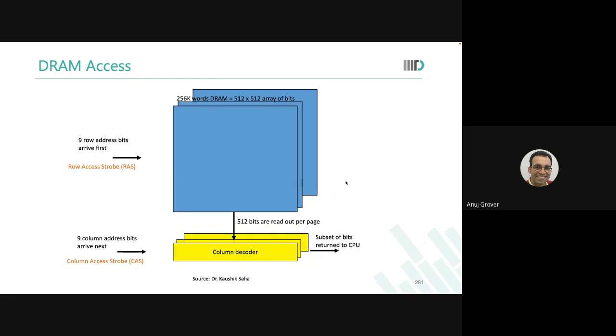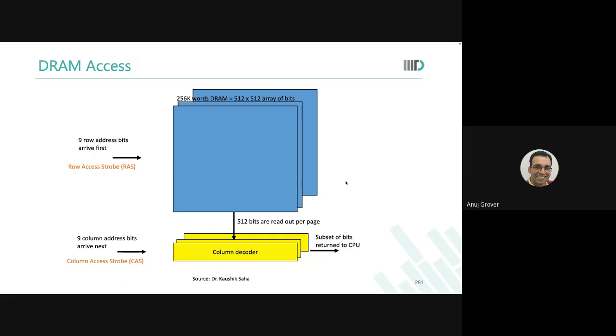So if you say that you would send the CAS first, what you are saying is, okay, I know which output to select, but the output is not there yet. I'm waiting. Now RAS comes, I select the row, I trigger the sense amplifiers, then the output comes.